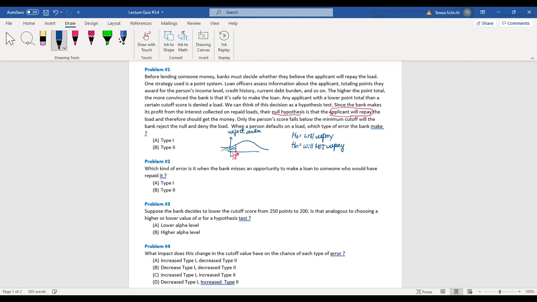Okay, so with this cutoff point, I can also rewrite this.